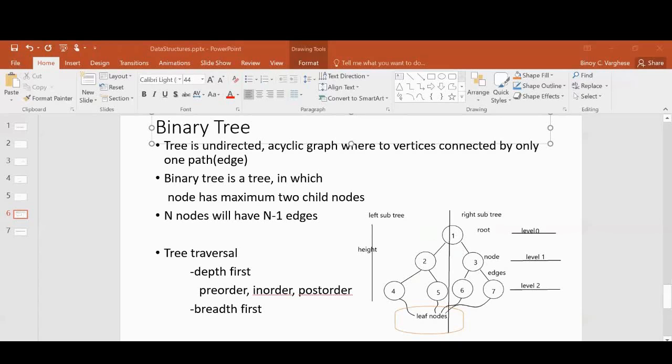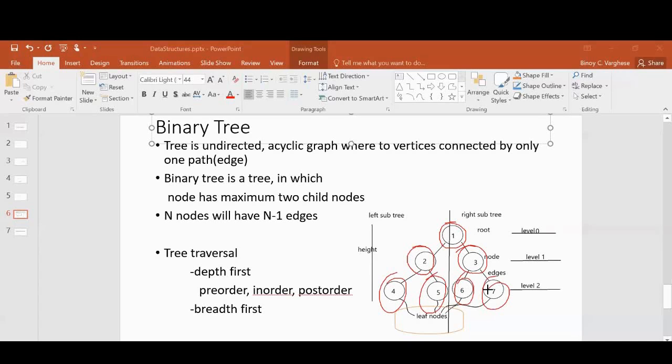Then another term we often hear is the level. So what is meant by level? As we can see here, the node starts with 1 and it has two children, 2 and 3, and 2 again has 4 and 5, and 3 has 6 and 7.